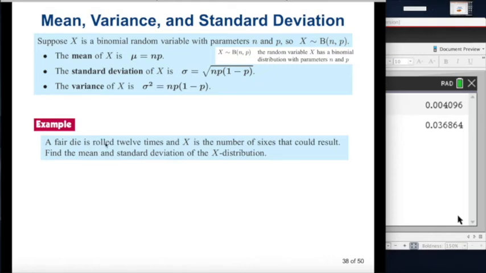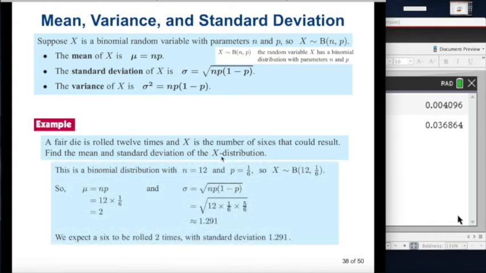A fair die is rolled 12 times, and random variable X is the number of sixes that could result. Find the mean and standard deviation of the random variable X distribution. This is a binomial distribution with n equal to 12, and the probability of success in this case is 1 over 6.